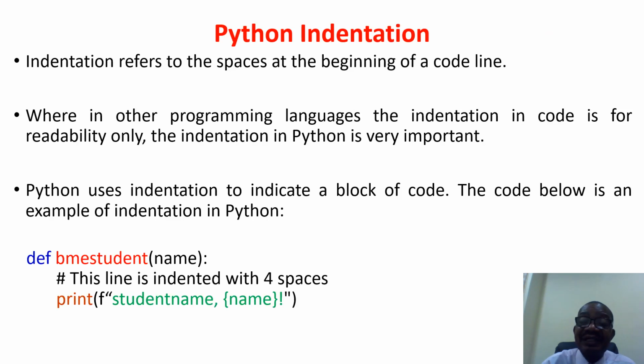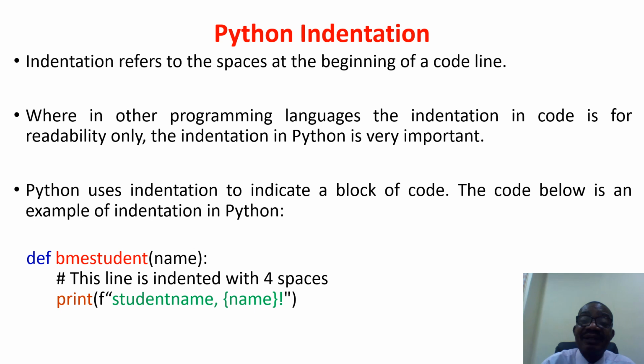So now let's look at Python indentation. Indentation refers to the spaces at the beginning of a code line. When you write code, normally there are spaces that you often give at the beginning of that line.